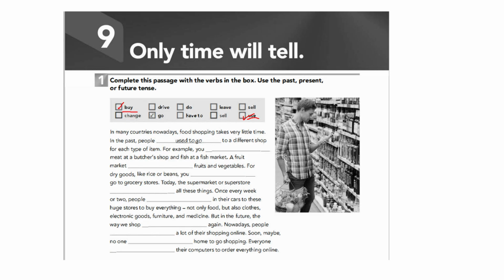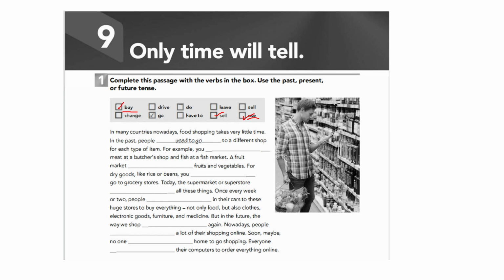So it's a fruit market, so fruits and vegetables. Okay, so again, this is correct because we're still talking about the past. Here we have an example: you bought meat at a butcher's shop and fish at a fish market.